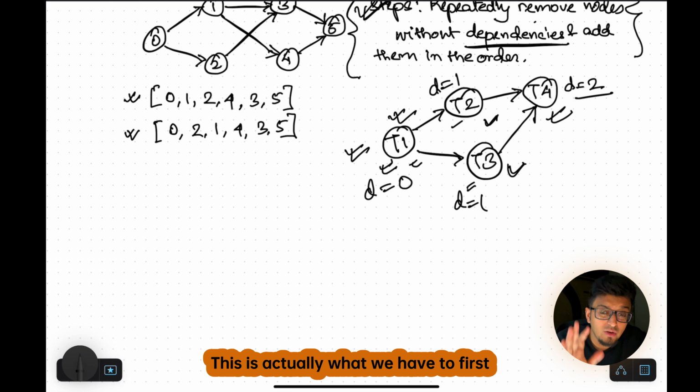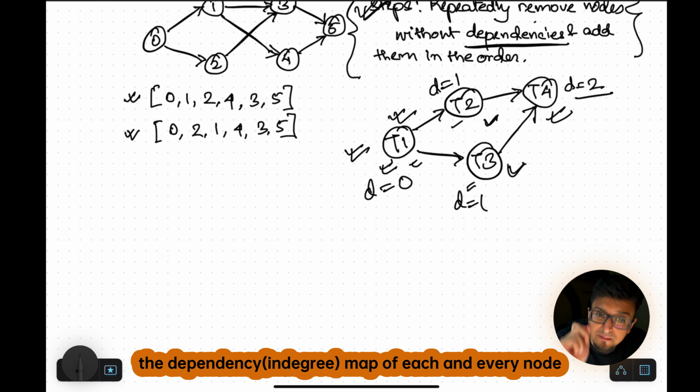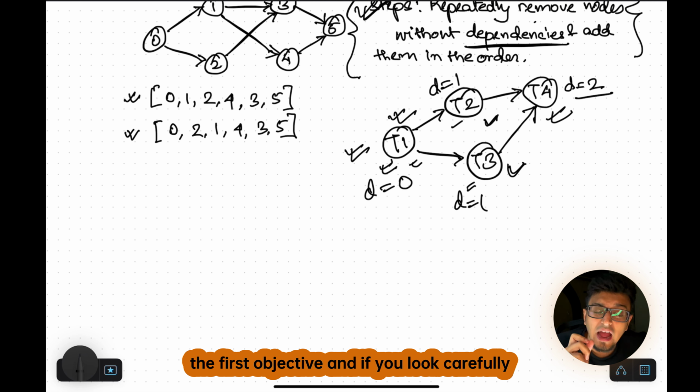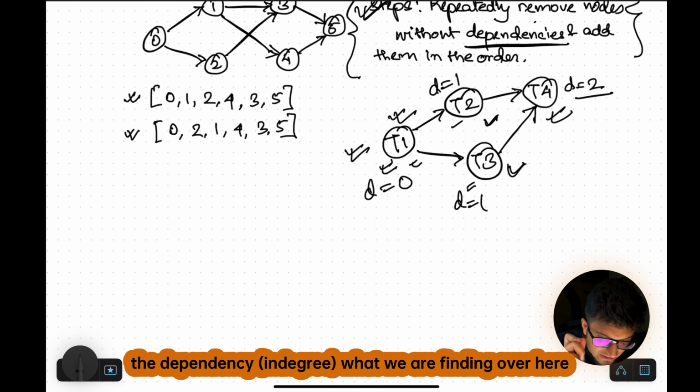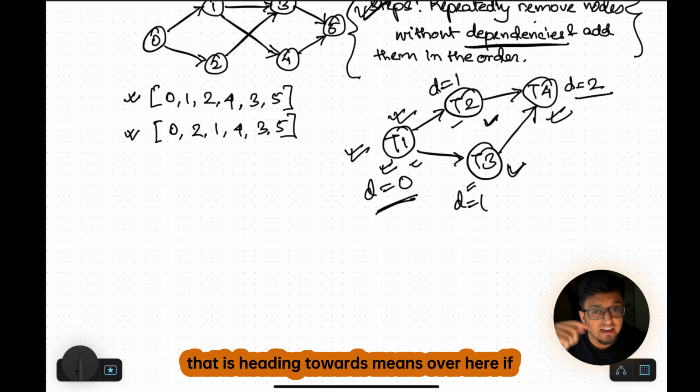This is what we have to first find out in Kahn's algorithm: the dependency map of each and every node or vertex of the graph. That is the first objective. The dependency we are finding is nothing but the number of directed edges heading towards a node.